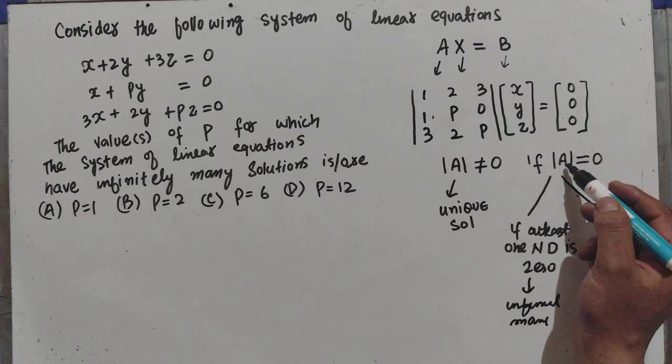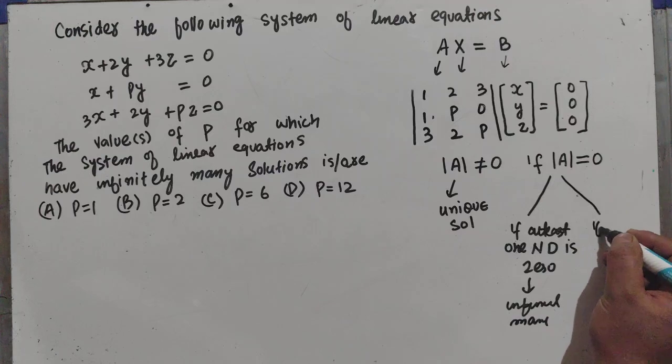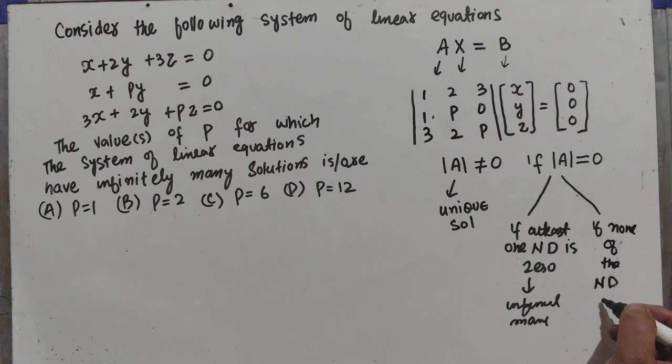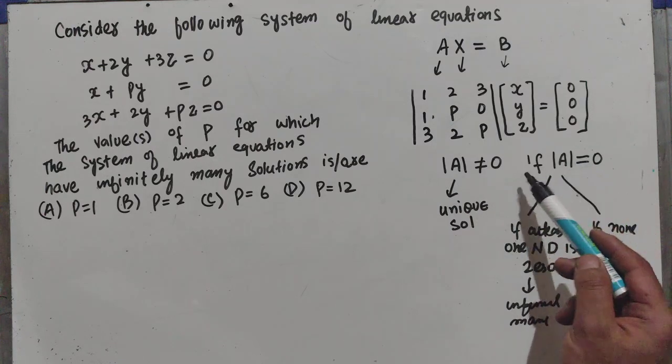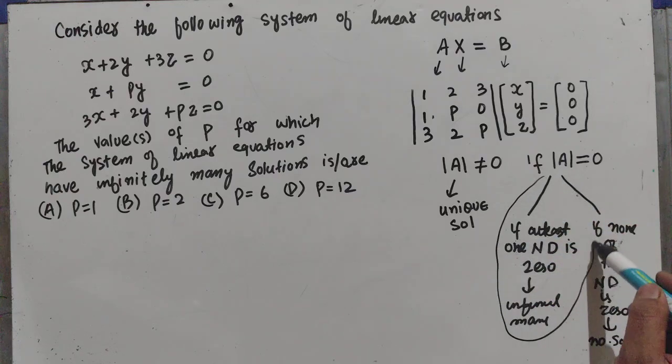And if the determinant of A is equal to 0 and none of the numerator determinants is 0, then we have no solution. So here we are supposed to go in this direction.